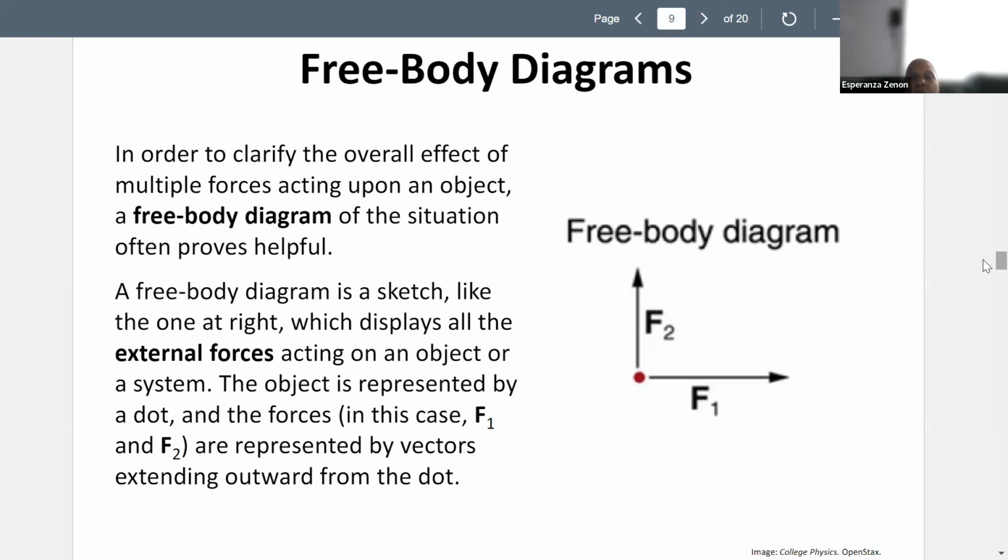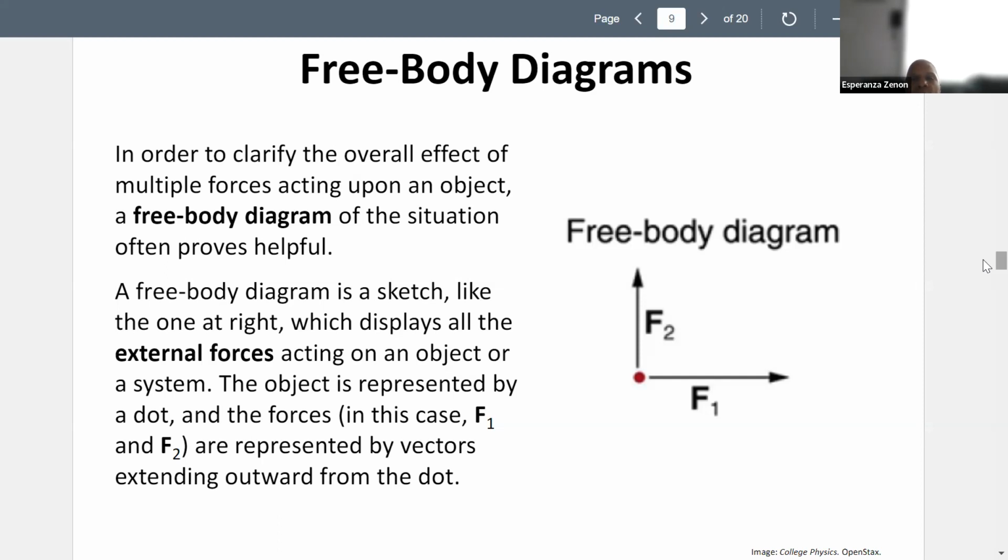And so we've got one force pulling on our object, pulling it to the right, looks like. And we've got one force, F2, pulling up on our object. F1 pulling in the positive X direction and F2 pulling in the positive Y direction. You can think of it that way, okay?